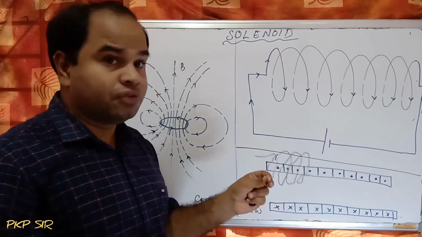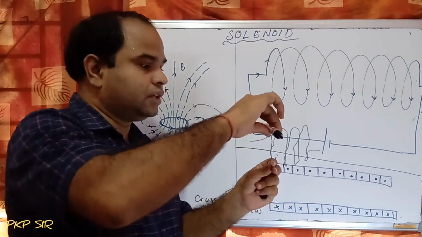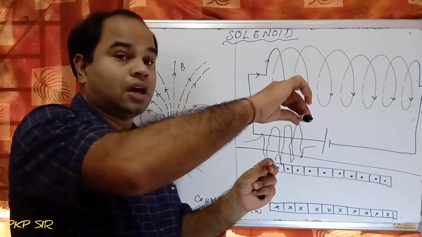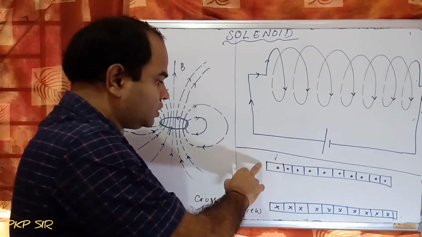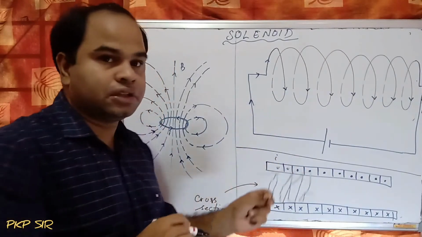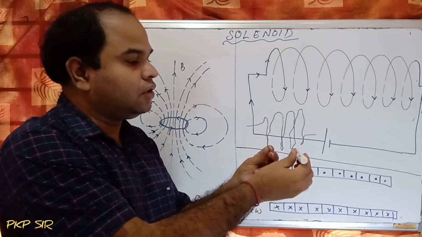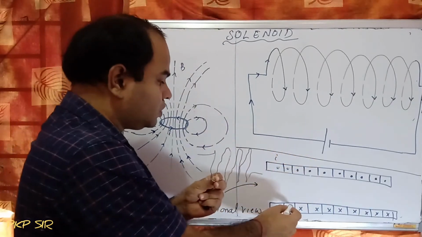If we see the front view, in this, at one place the current is outward, which is shown in this figure. The current in the wire is in outward direction. And in the lower portion the current is in inward direction, which is shown in this.